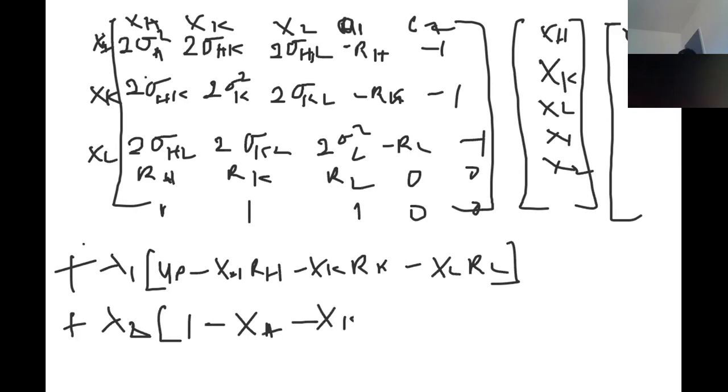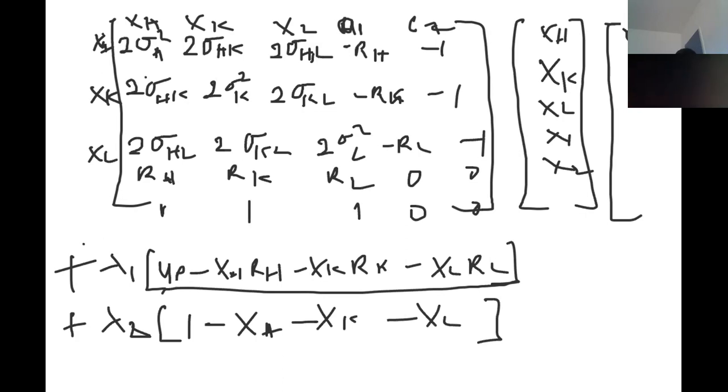It's okay. So when you differentiate everything here with respect to lambda, it means lambda will vanish, so you have only this one. When you equate this one to 0, you're going to have X_H R_H plus X_K R_K plus X_L R_L equals mu portfolio.